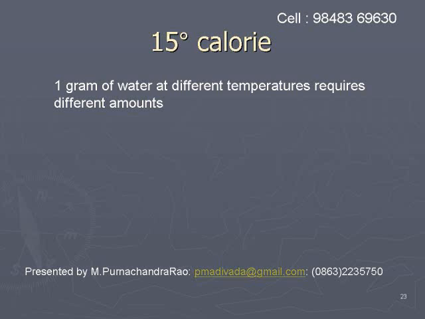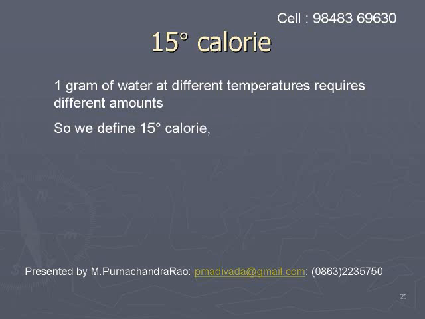15 degrees calorie. 1 gram of water at different temperatures requires different amounts of heat. That means the amount of heat required to raise the temperature from 1 degree centigrade to 2 degrees centigrade is not the same as the amount of heat required to raise the temperature from 98 degrees to 99 degrees.